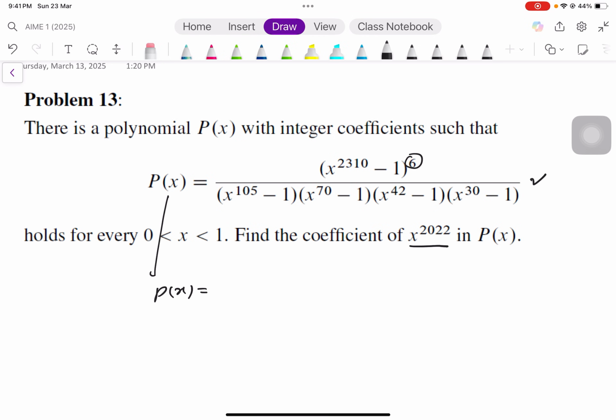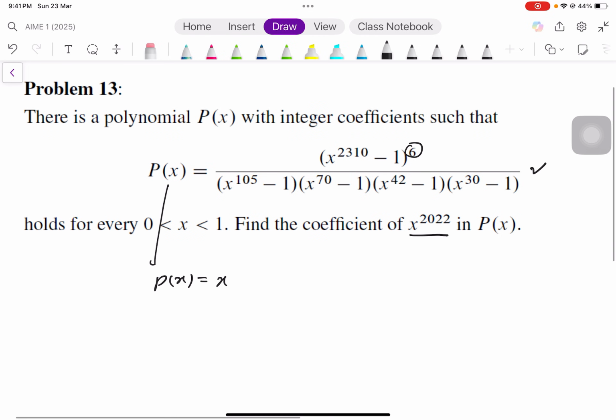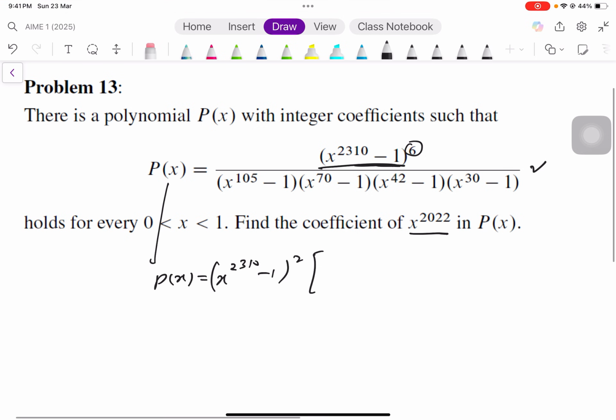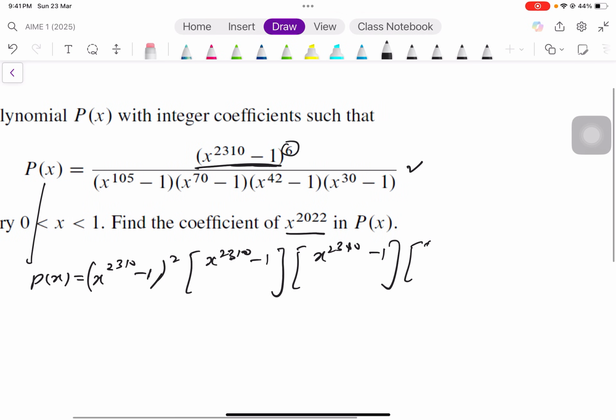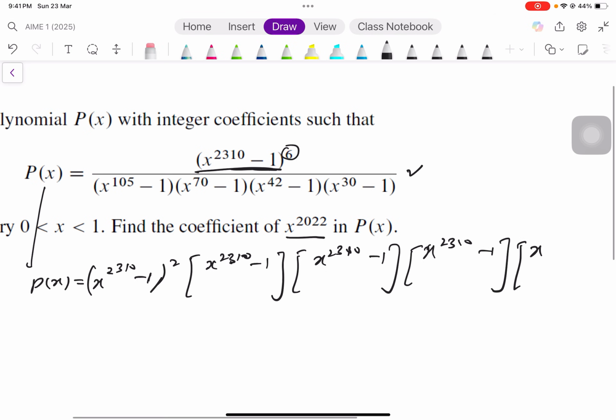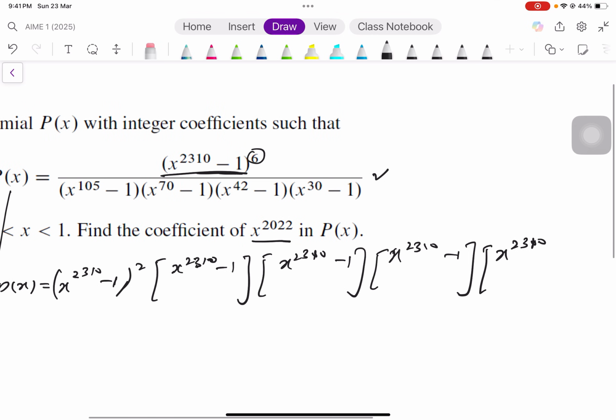That means I'm going to rewrite this in this way. P(x) is actually equal to (x^2310 - 1) squared. Then I multiply by 4 terms: 4 terms, each x^2310 - 1.